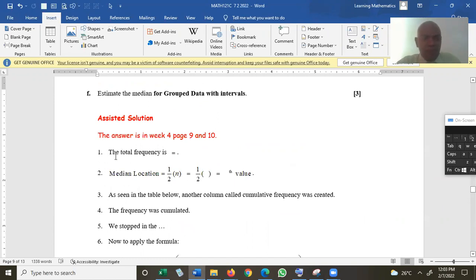It says that in order to estimate the median for grouped data with intervals, you first have to find the total frequency. So if you are following actively with this example in your assignment question, find the total of the frequency. Can anybody share what total frequency you have gotten if you are doing the assignment question itself?